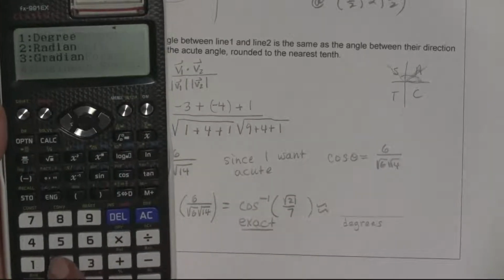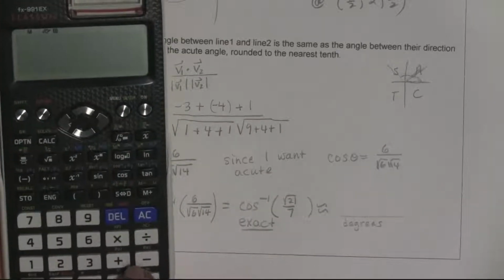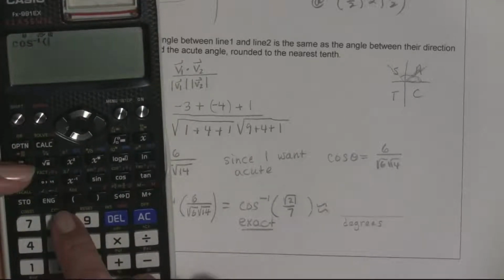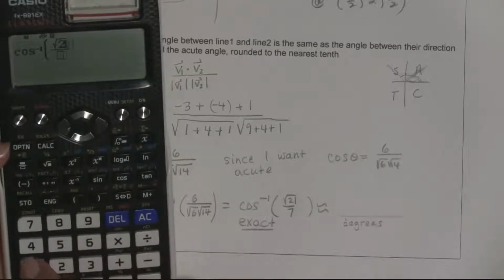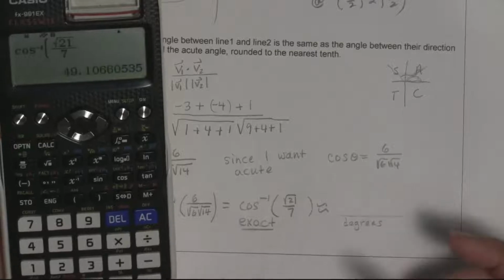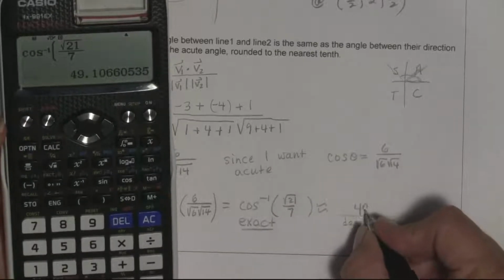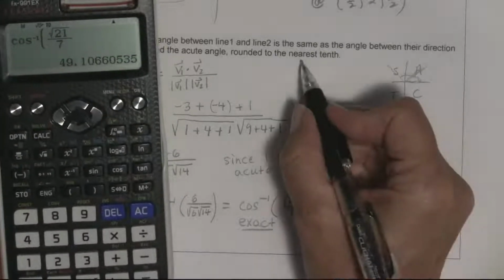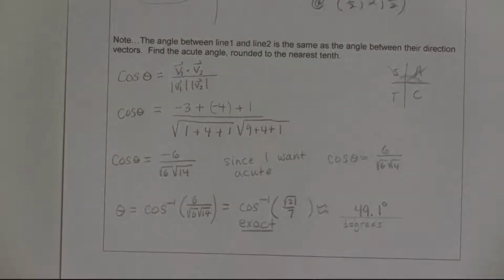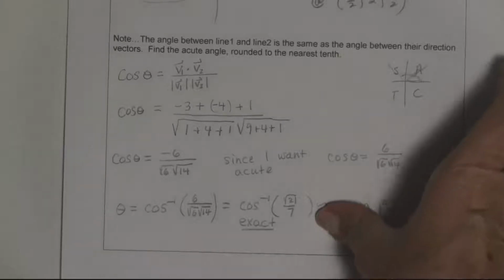Unit angle, I want degrees, and then I'm going to do the arc cosine of the square root of 21 over 7. And so I'm getting 49.1, to the nearest tenth of a degree. So we did a lovely job on that. It's beautiful. Okay, so on to the next one.